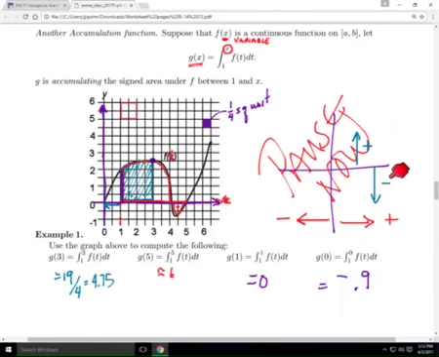When our height is below the x-axis, we consider it negative. There's no reason to think as we travel along the x-axis it would be any different. So as we travel from left to right, the area we accumulate is going to be positive, but when we travel from right to left, the area we accumulate is going to be negative, hence the negative sign here.